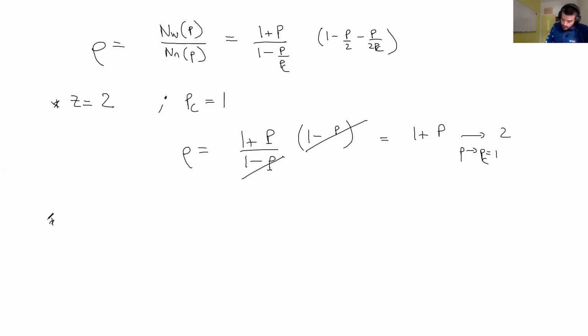In contrast, when Z equals 3 or larger, as we saw, this was finite and this was diverging and this was finite, so this goes to infinity.